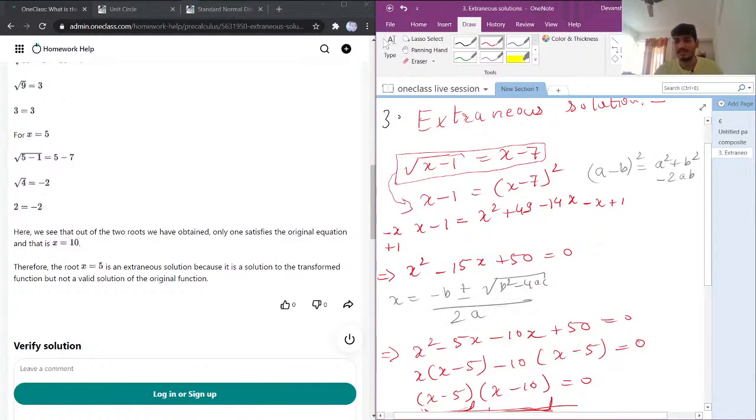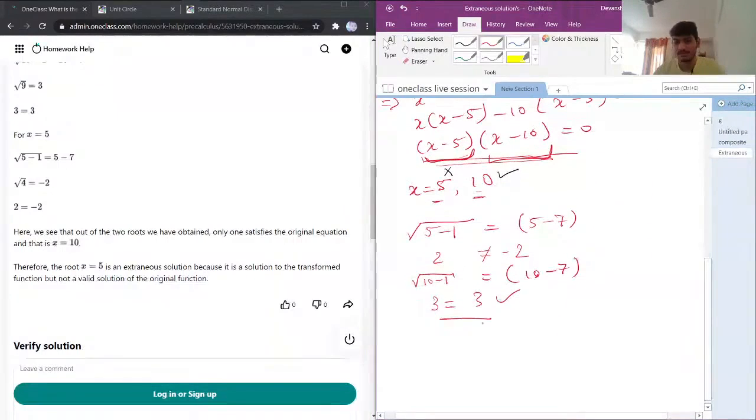You must know that when we square 3, we get 9, but when we square minus 3 we also get 9.